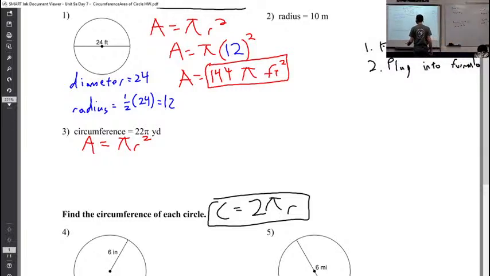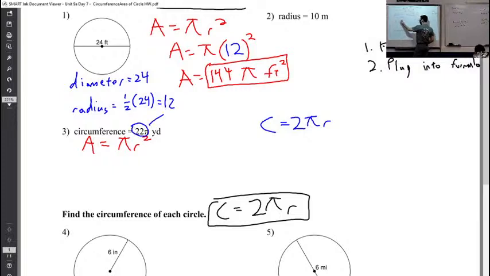What is happening is that you aren't given the radius. What you are given is the circumference. And I know the formula for circumference. It's right down here. Circumference is 2 pi times the radius. And what I know is that when I do that 2 pi times the radius, I should get 22 pi.